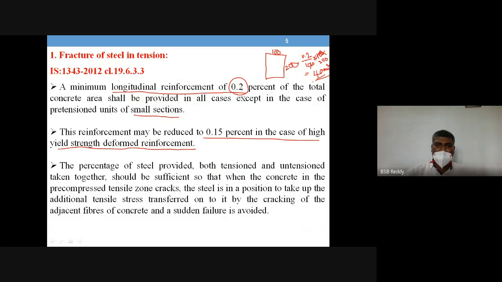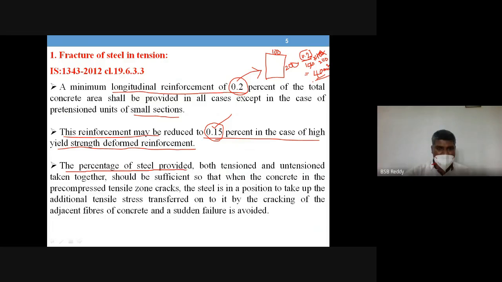If you use HYSD bars instead of normal nominal steel, you can go for just 0.15% instead of 0.2% as the minimum HYSD bar reinforcement to be provided. Got it? So this is about minimum steel.